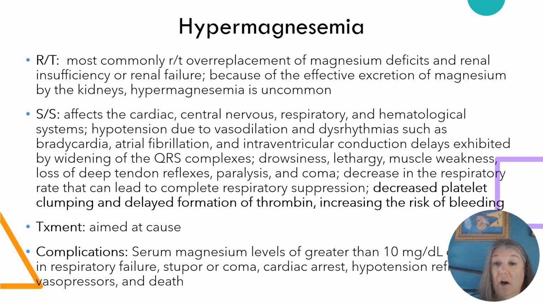We may have bradycardia, heart's a muscle, going to slow that muscle down, right? We could have AFib, which is interesting, and a widening QRS complex. Our treatment is going to be aimed at the cause. What is causing our hypermagnesemia, right? So treatment aimed at the cause.